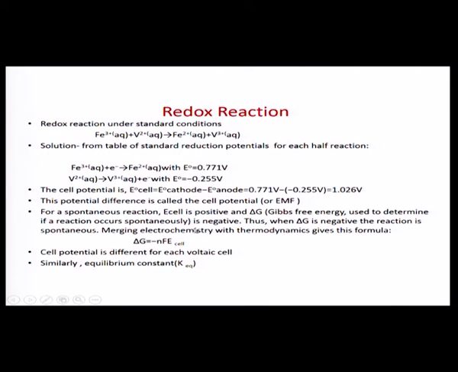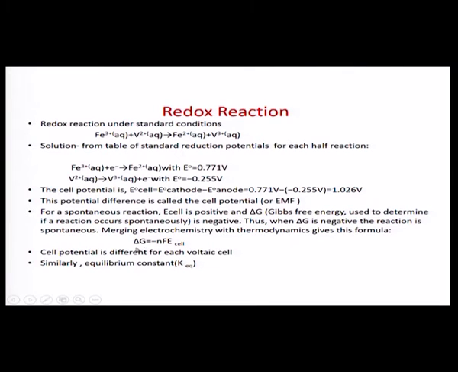If it is positive, definitely the free energy will decrease. This is the relationship between the thermodynamic parameter and electrochemistry. So, based on this potential, we can easily say whether a particular reaction is spontaneous or not, and whether the voltaic cell will function and produce energy.